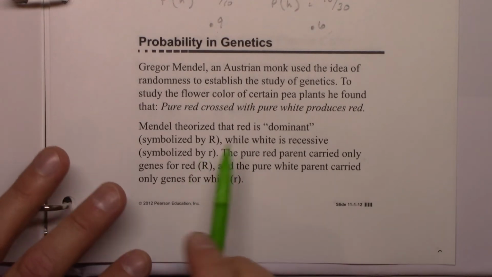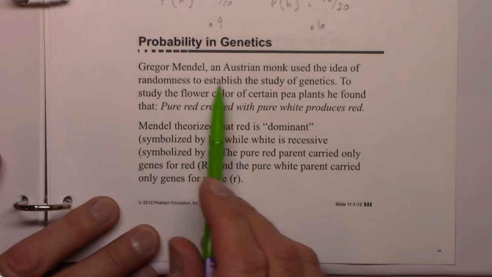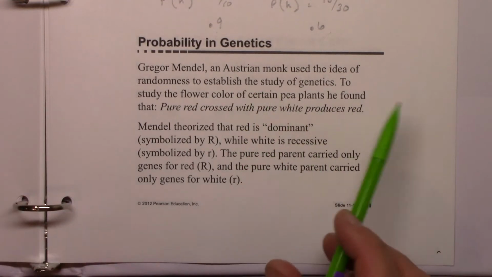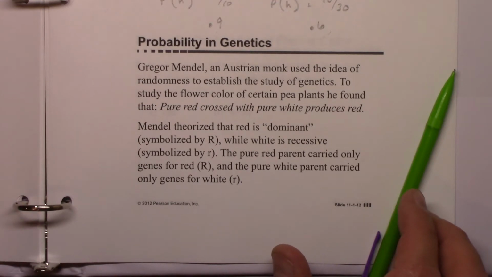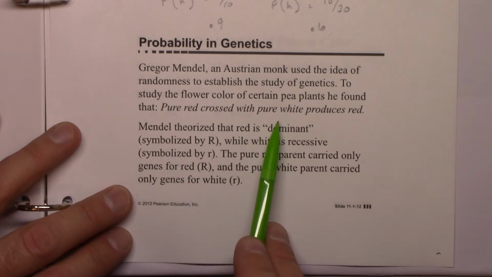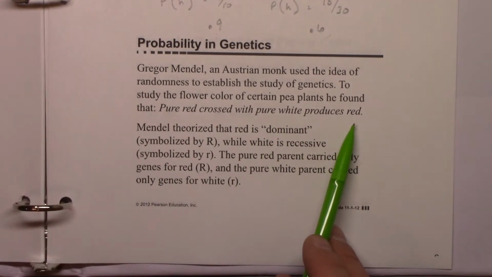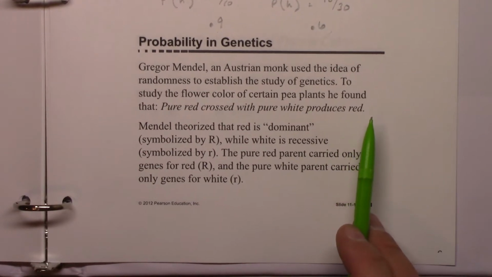So a little bit of background or an introduction here tells us that Gregor Mendel, an Austrian monk, used the idea of randomness to establish the study of genetics. To study the flower color of certain pea plants, he found that pure red crossed with pure white produces red. This leads us to the concept in genetics of what are called dominant and recessive genes.